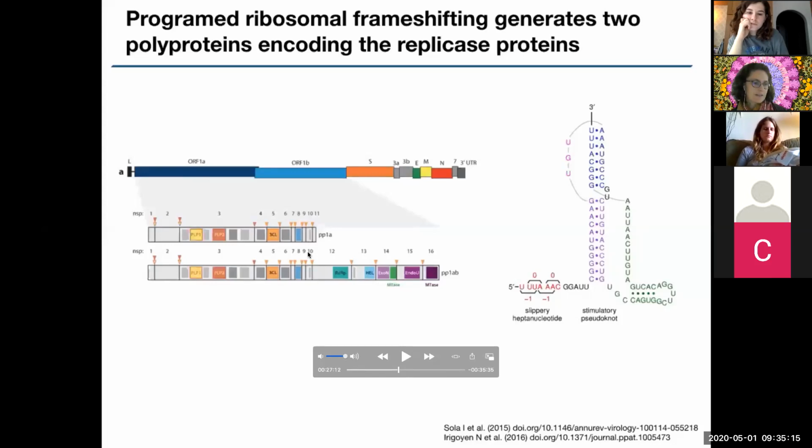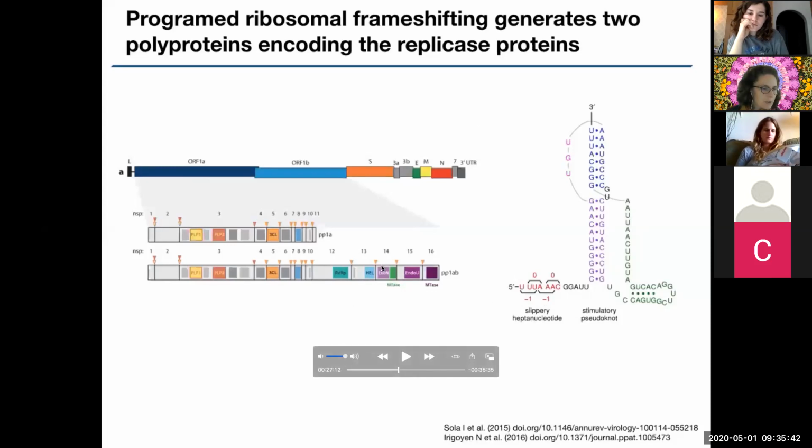If it does slip to the -1 reading frame, then these do get translated. But of course, it could slip -2, and that would also be wrong. So it has to slip the right amount. Does that answer the second question for Mayuri? Okay, I hope it does.